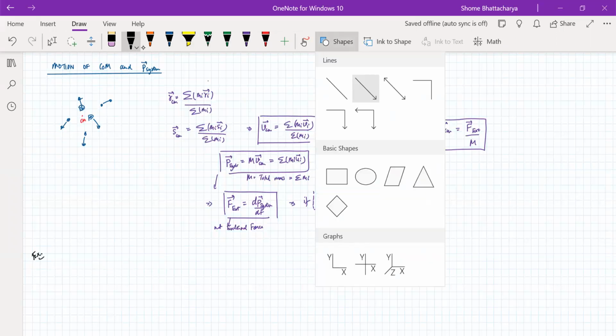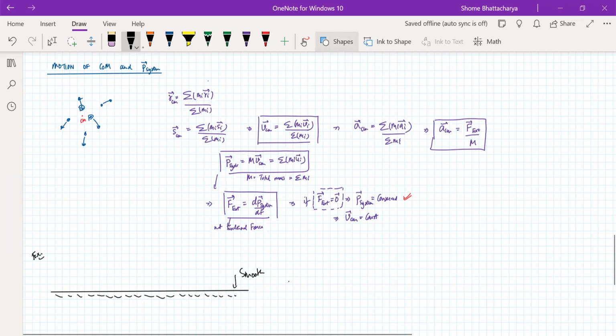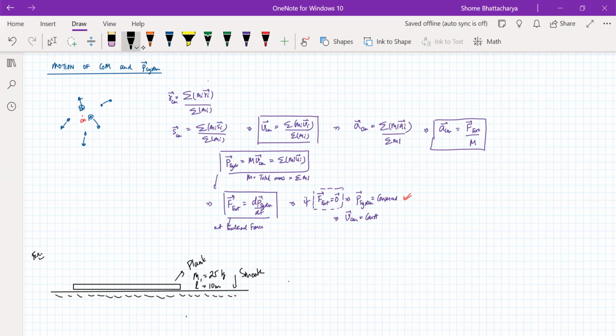So we have this situation that on a frictionless floor or frictionless horizontal surface, if we have placed a wooden plank of certain mass and length, so this plank has a mass of 25 kilograms and its length is, let's say, 10 meters.